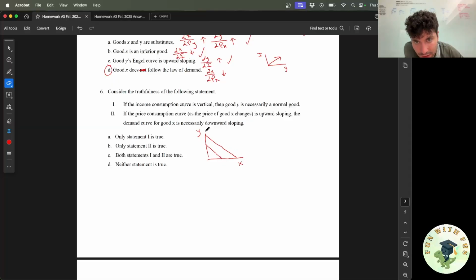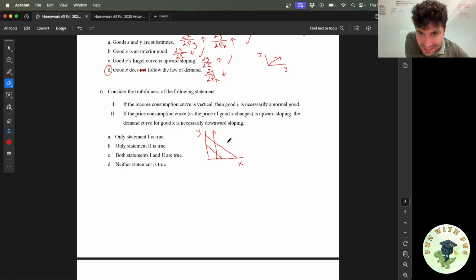So remember, if we increase our income, that means we have the same MRT, but we shift outward. Then good Y, and you told me that this is vertical, so it's going to look something like that. And sorry, that is quite the squiggly vertical line.